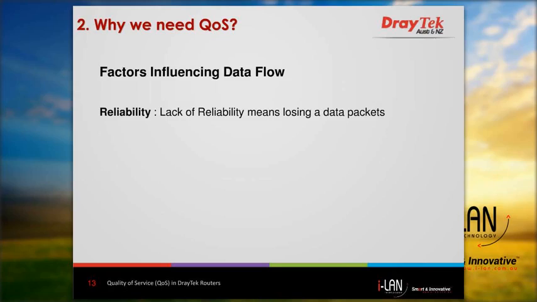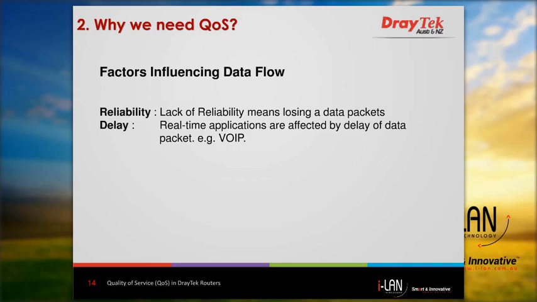So the lack of reliability usually means that data packets can be lost. So for TCP/IP communications, it will result in slower transmission since the packets have to be retransmitted. But for UDP packets, which is used for VoIP communications, it will just result in dropouts, which will cause broken audio.